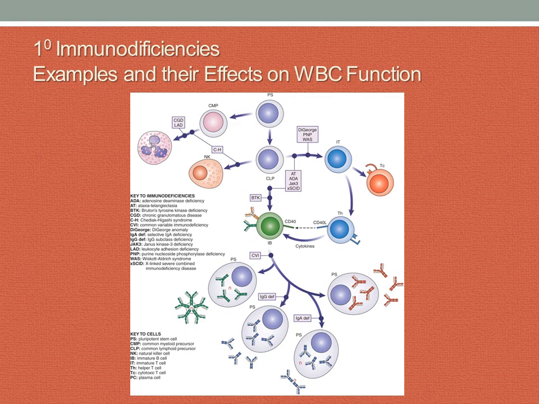And so anytime we have this kind of complexity and this kind of dependence on multiple steps occurring, the problem can occur anywhere. And so once the problem occurs, if the location of that particular problem is upstream from a particular immune system function, then that function is going to be affected.